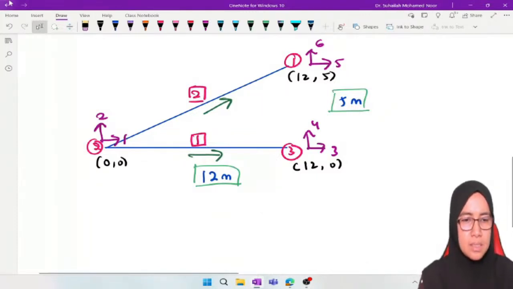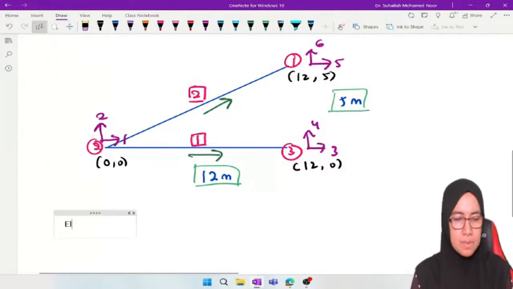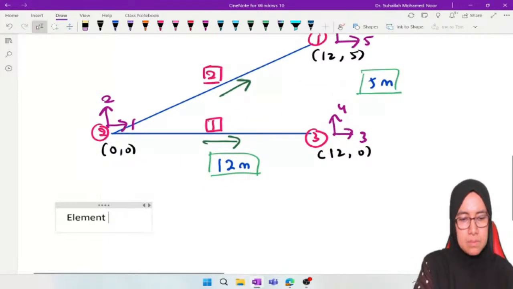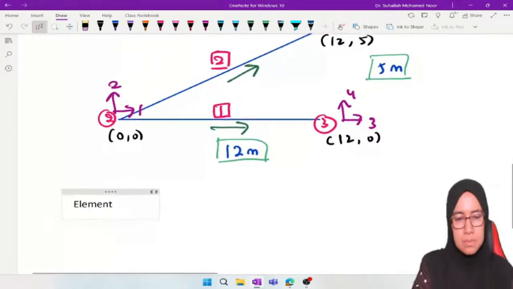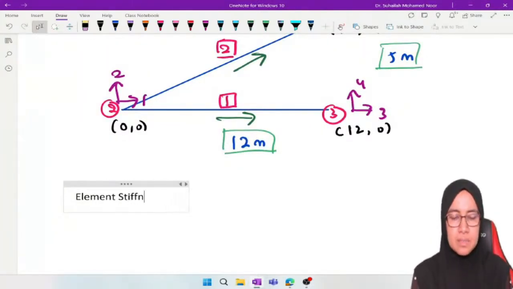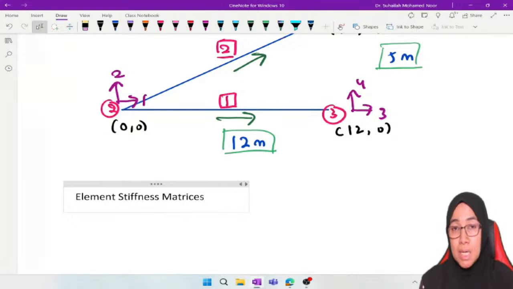It is called element stiffness matrices. That is the name, with matrices in plural, because for elements there are more than one.